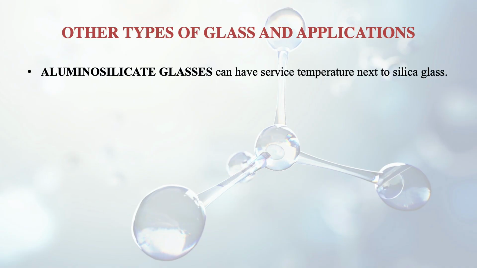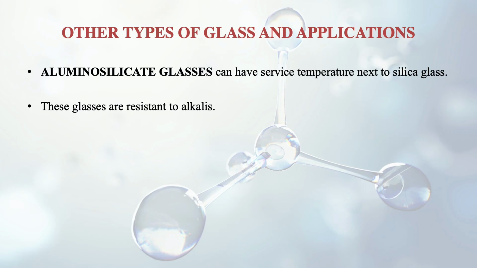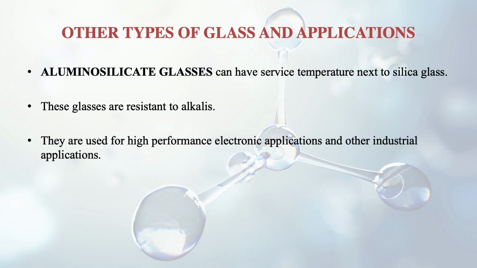Then the other types of glass and applications. So again, there is alumina silicate glass, like we discussed the alumina silicate composites earlier, somewhat similar to that. And this can have a service temperature next to silica glass. So its service temperature is just below that of silica glass, and these glasses are resistant to alkalis, so they can be used for that purpose. And they are used for high performance electronic applications and other industrial applications.